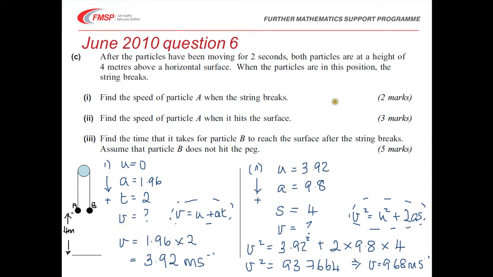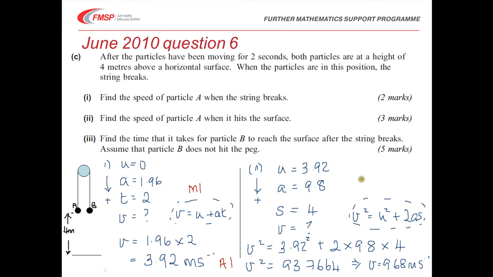So the speed of the particle, first of all. So the speed of the particle, you just had 2 marks for the question. So there was a method mark here for substituting in using v equals u plus at, and an accuracy mark for getting a correct answer of 3.92. And here, a similar sort of thing, you have 3 marks.